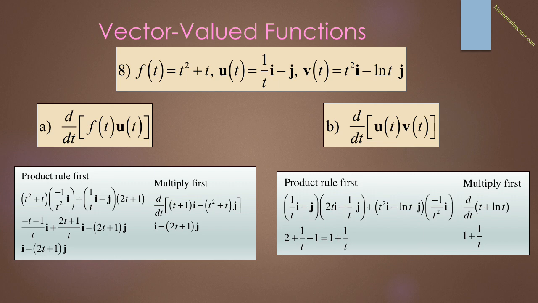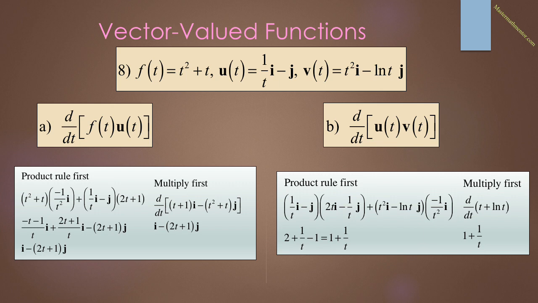We now multiply out as we have vector dot vector plus vector dot vector. Using the dot product rule, we get 2 plus 1 over t minus 1, and that becomes 1 plus 1 over t.